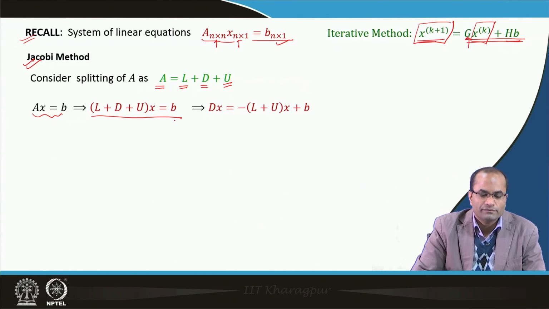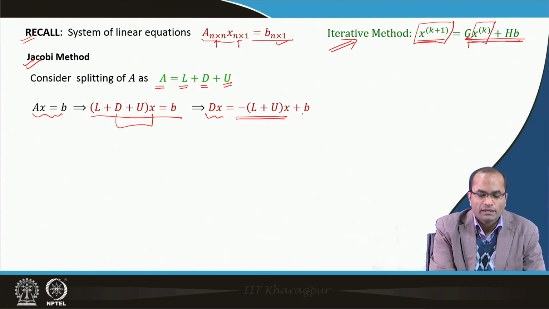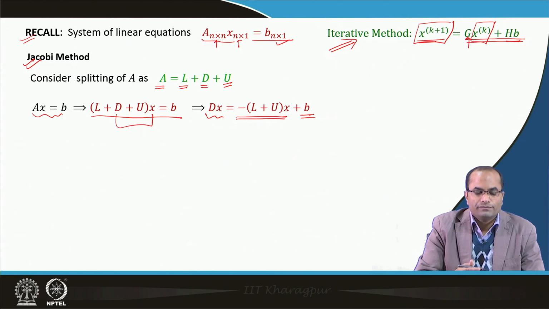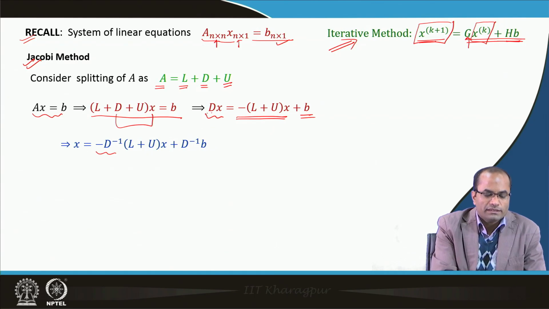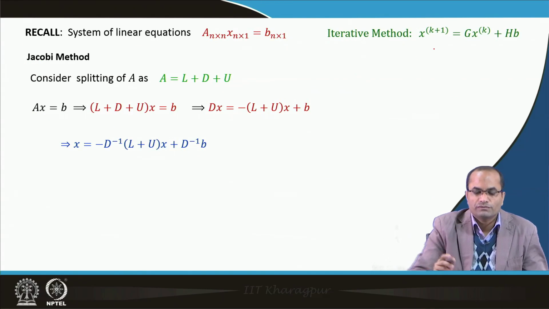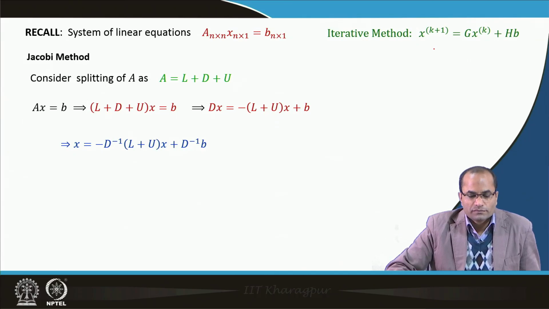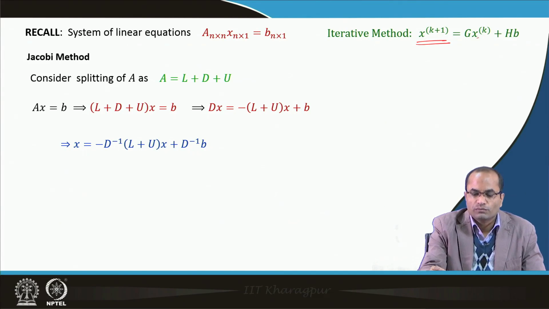From here we derive the form of the iterative method: keeping Dx together, taking (L + U)x to the right hand side plus b, and assuming that D inverse exists, we multiply by D inverse. On the right hand side we have D inverse (L + U) and D inverse b, and this is precisely the form we are looking for in an iterative method: x at the k plus 1th iteration equals G x k plus H b.